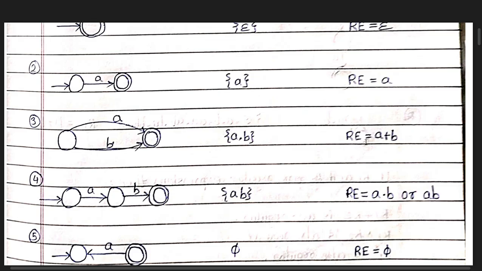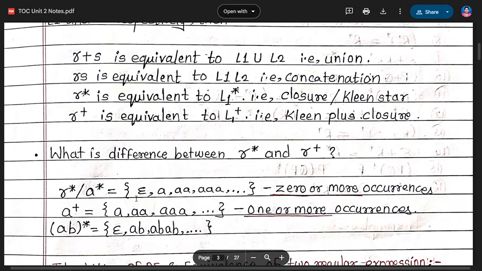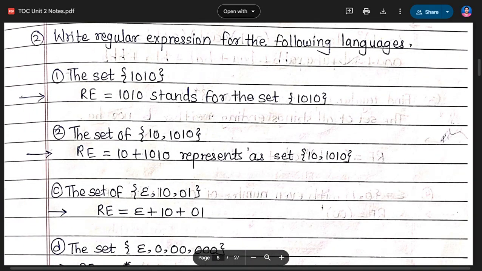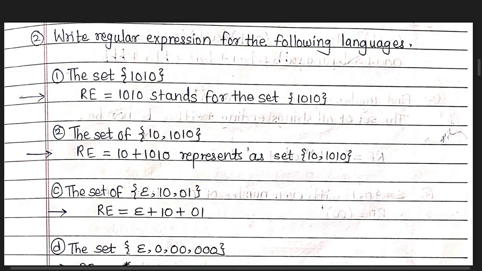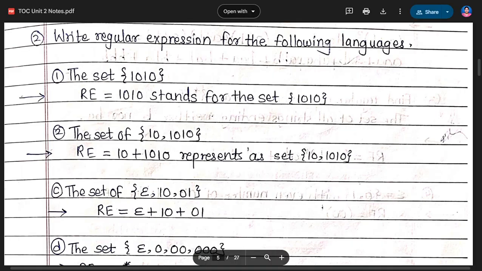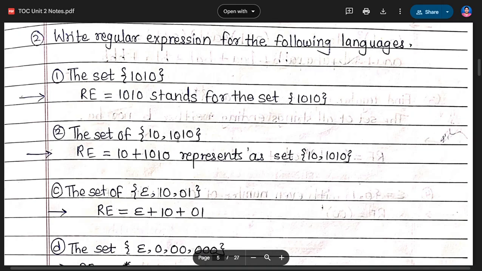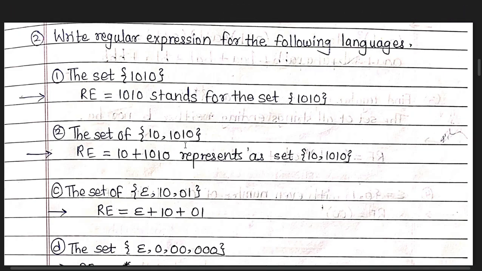We write the regular expression like a plus b, where 10 means A and 1010 means B. So the set of 10 comma 1010 we write in the regular expression as 10 plus 1010. It represents the set 10 comma 1010.